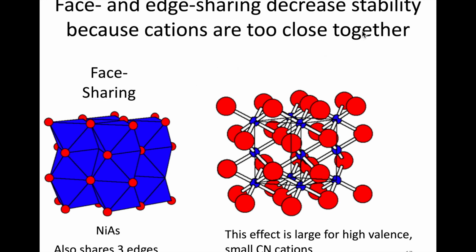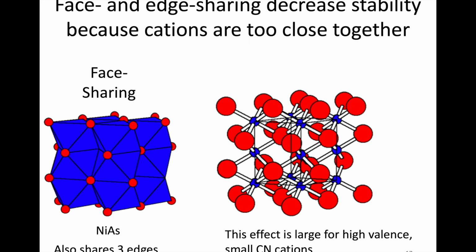So basically this is trying to minimize the cation repulsion by having them further and further apart. And that's just one example. Otherwise the cations become too close together. And just a quick note here that this effect is high when we're dealing with high valence and small coordination number cations.